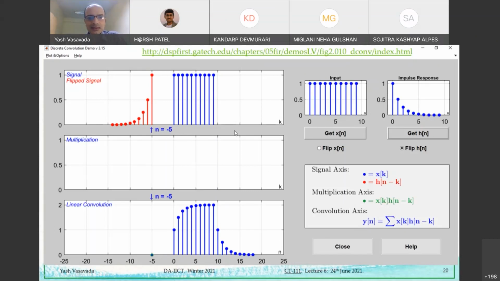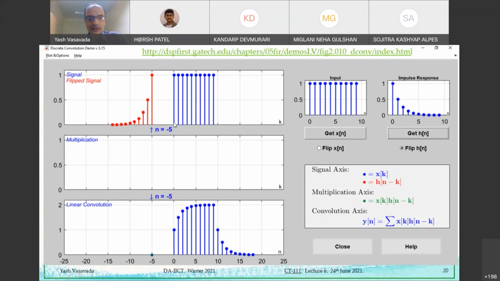So what this picture says is that if I want to calculate the output y of n for n equal to -5, first of all, I flip this exponential sequence. So it looks like this. I turn it horizontally, sideways. And then I shift by -5 units because I want to calculate the output at -5.